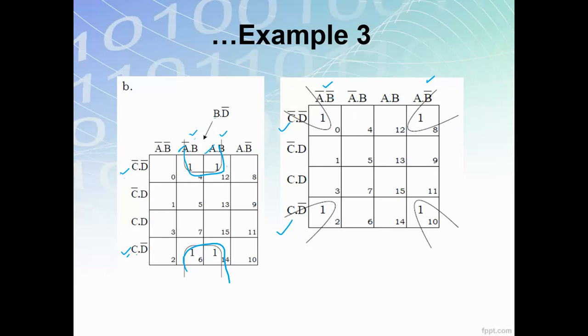We eliminate A bar and A, which gives B bar, and this one involves C bar dot D bar and C dot D bar, so we eliminate C bar and C and you get D bar. So your answer should be Y equals B bar dot D bar.